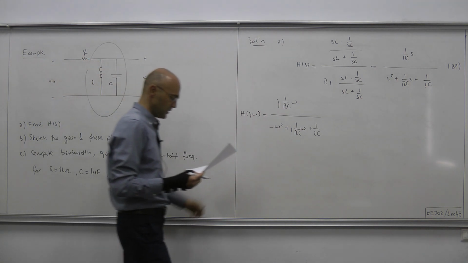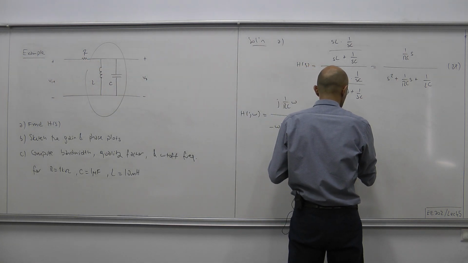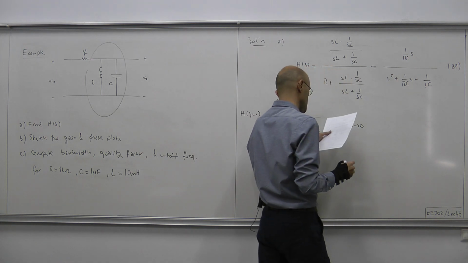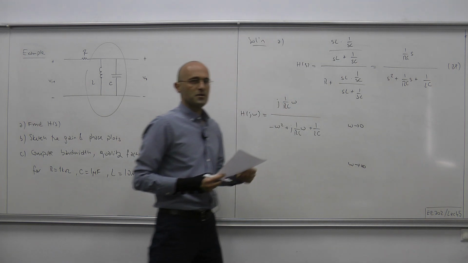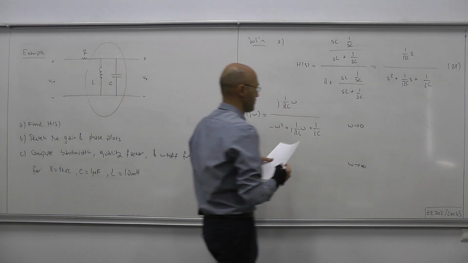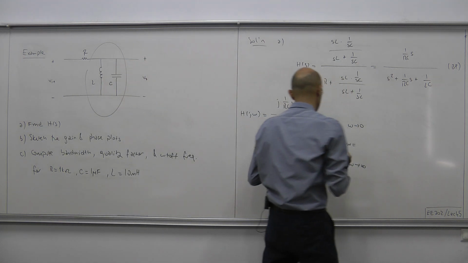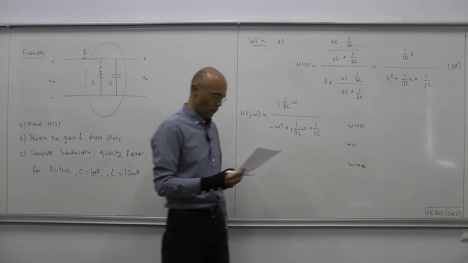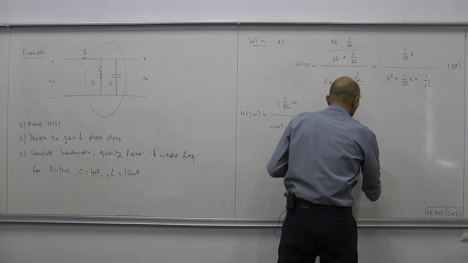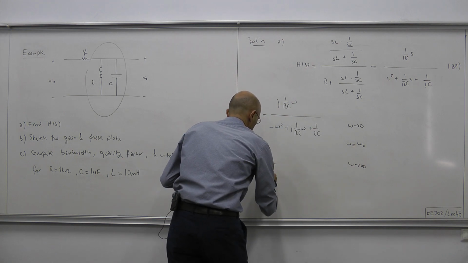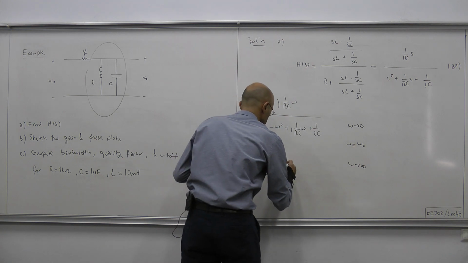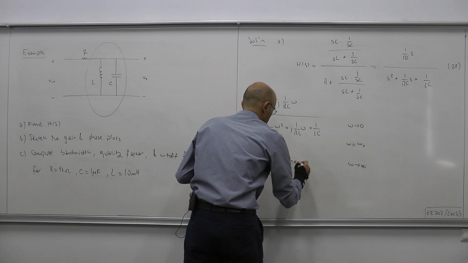Let's figure out what happens at low frequencies, at high frequencies, and also at the center frequency, omega equals omega 0, where omega 0 is 1 over square root of LC. This is our center frequency.